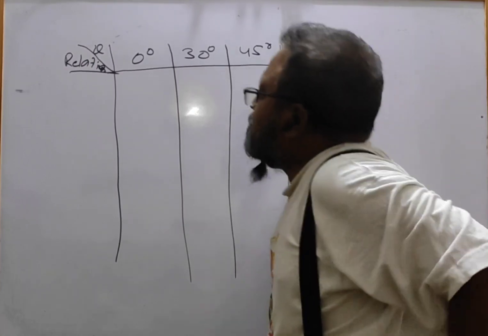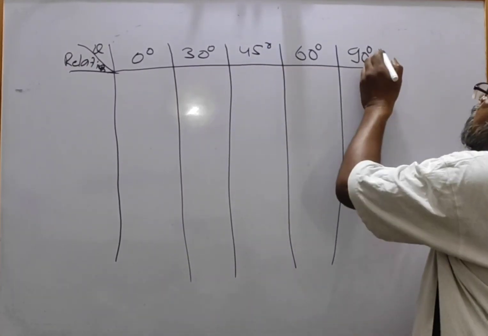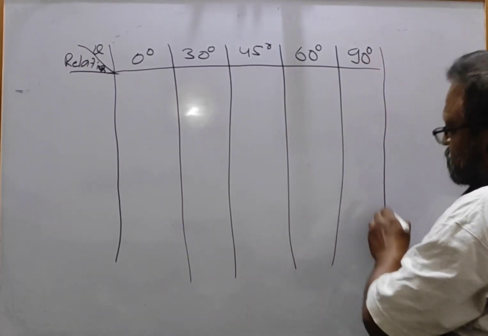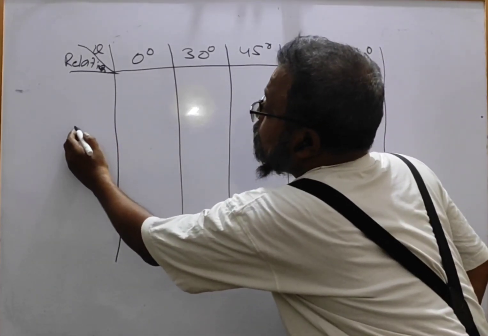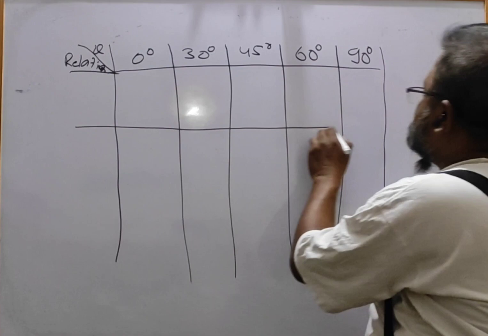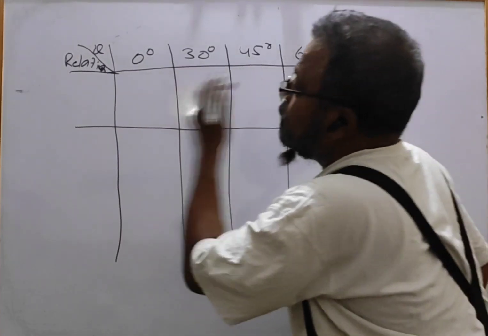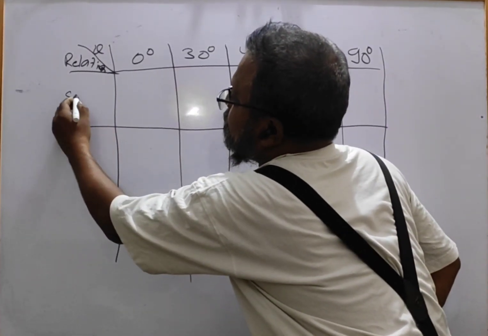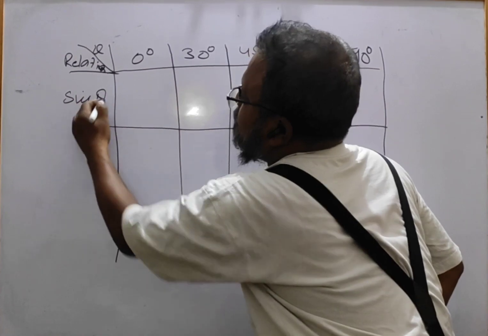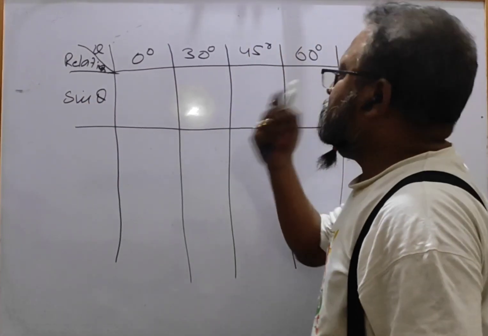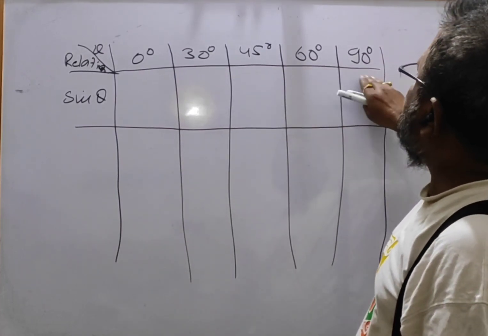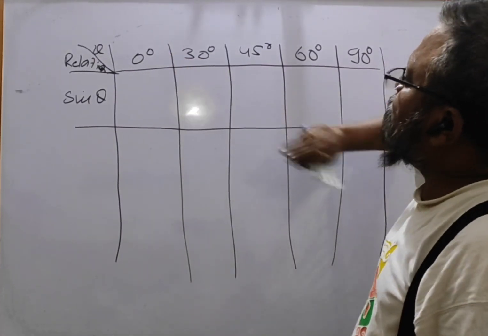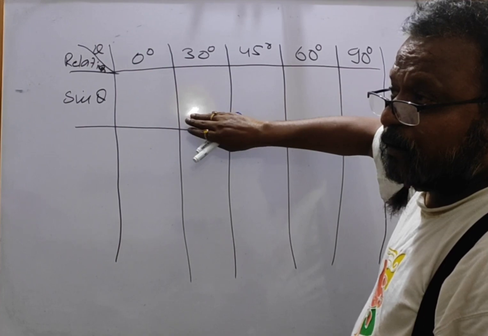These are the standard angles. Fine. So first, we write sine theta. Except this 0, how many angles are left? 4.